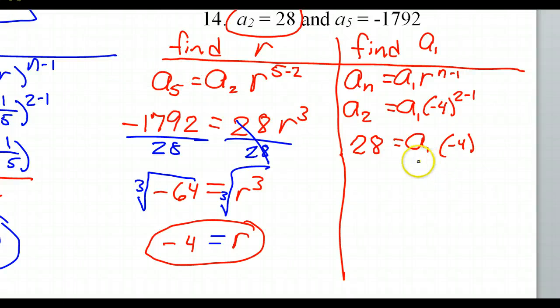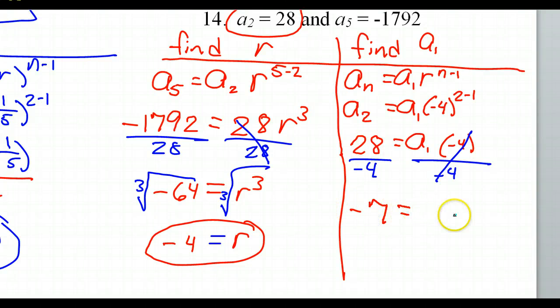So got to get the a1 by itself, so I will divide both sides by negative 4. Those are gone. And I can see that this is going to be negative 7 if you do that division. All right, so that means that a1 is negative 7.